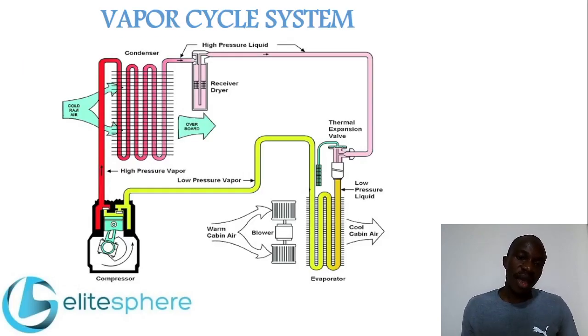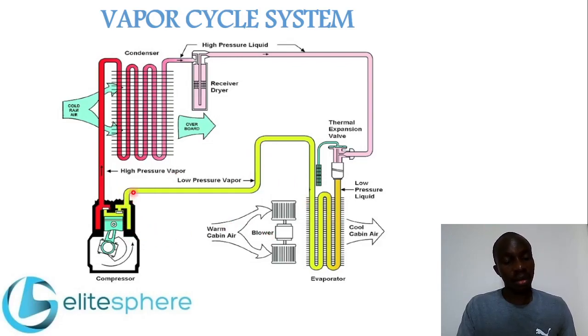In this diagram, I'll go through the components. As you can see, we have the compressor here, we have our condenser, we have the receiver dryer, we have the thermal expansion valve, and we have the evaporator. Remember what I've said. Let's start from the compressor.